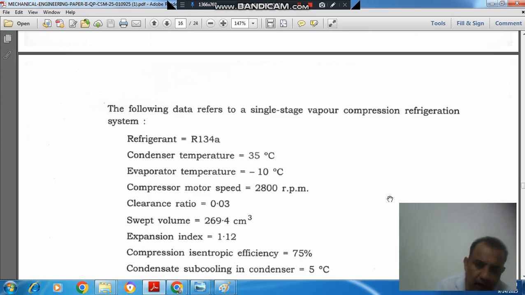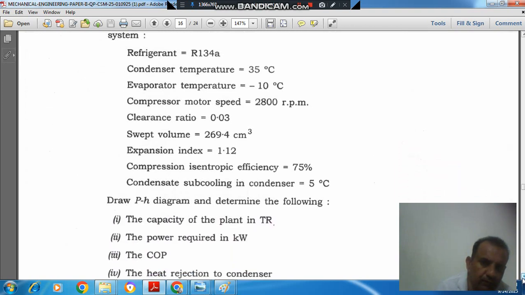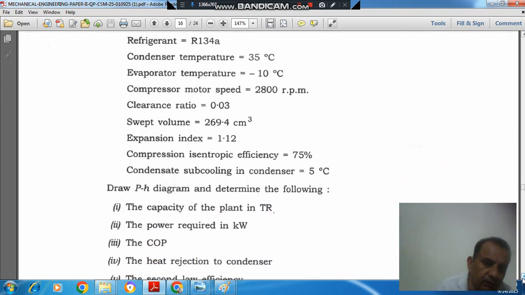Refrigerant R134A, condenser temperature 35 degrees Celsius, evaporator temperature minus 10 degrees Celsius, compressor motor speed 2800 RPM, clearance ratio 0.03, swept volume 269.4 cubic centimeter, expansion index 1.12, compressor isentropic efficiency 75%, condensate subcooling in condenser 5 degrees Celsius.